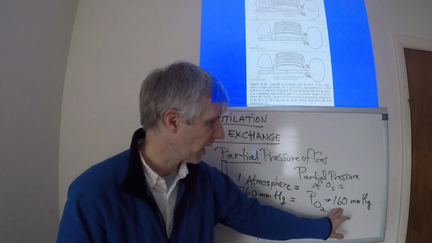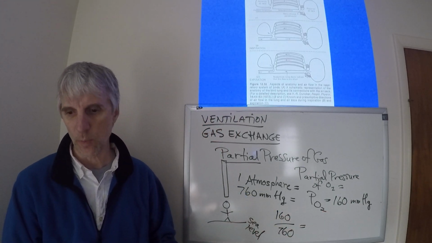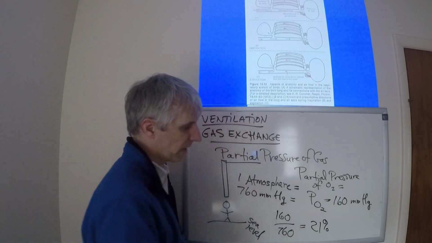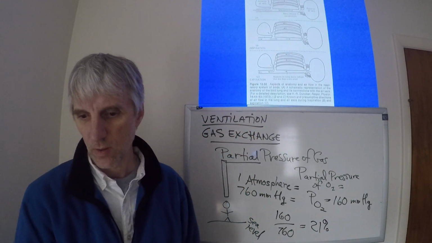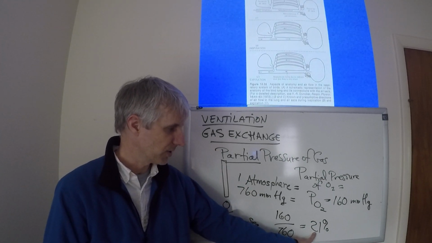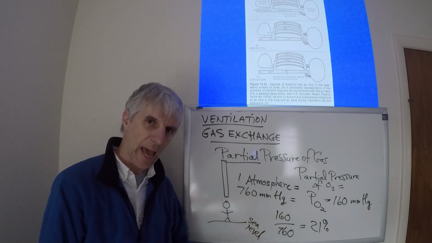If I did this math, the partial pressure due to oxygen divided by the total pressure would tell us that it's roughly 21%, which should be roughly the amount of oxygen as a percentage of that gas.